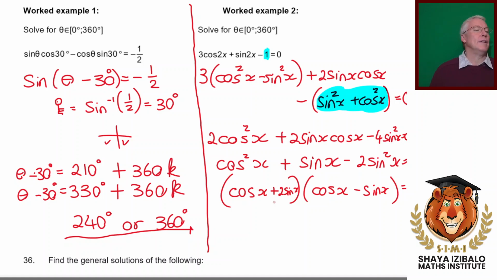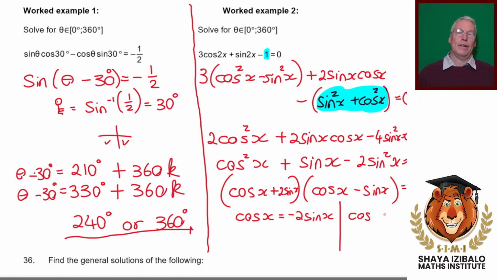And what we now get is that cos x equals sine x, or that cos x equals negative 2 sine x. Now both of these are of the type where we've got sine and cos acting on the same angle. Do you remember what we do with these?